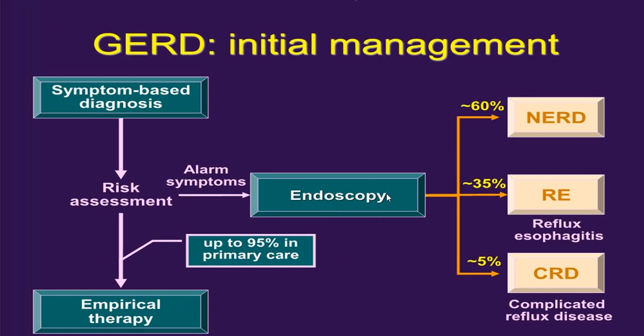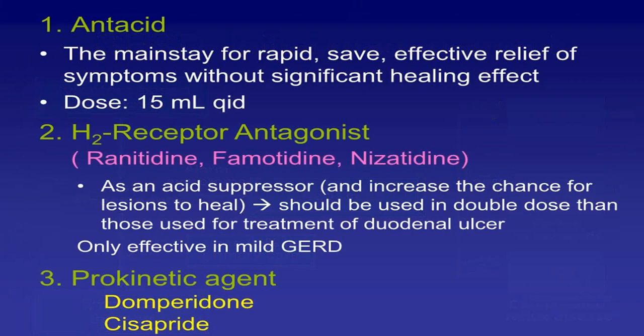Then depending upon the endoscopy, non-erosive variety; reflux esophagitis means there is definitely clear-cut reflux esophagitis; and complicated means either there is Barrett esophagus or adenocarcinoma, or you are suspecting some other complications. Always go for further investigation and treatment.